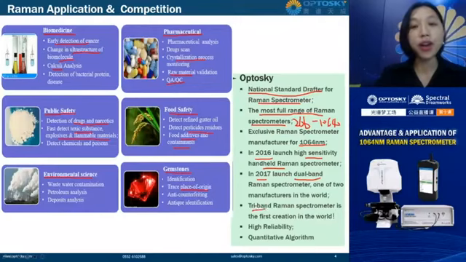And this year, we are going to launch a 3-band Raman spectrometer. We are making a breakthrough in the world for miniature Raman spectrometer manufacturing, not to mention our high reliability and our quantitative algorithm.